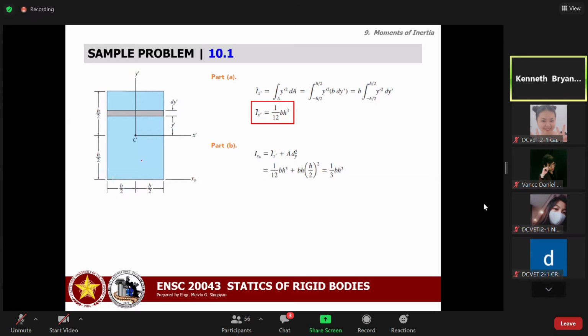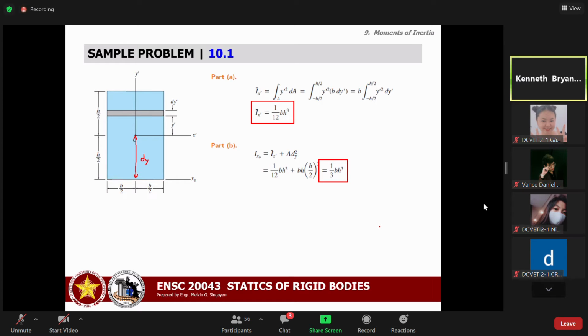So what is dy? dy is the distance from the centroid to the reference axis where you are getting the moment of inertia. And from the figure, dy is h over 2. By simplifying this, we have I_xB equal to 1/3 bh cubed.